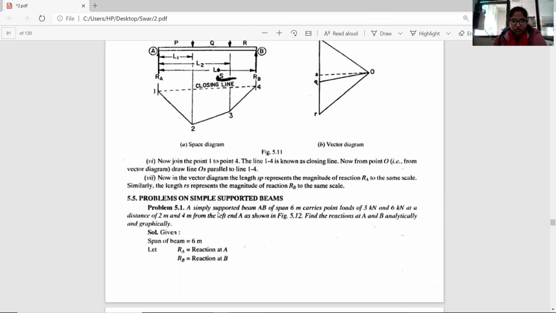So let's start the first question. Problem one: a simply supported beam AB spans 6 meters, carries point loads of 3 kilonewton and 6 kilonewton at distances 2 meters and 4 meters from the left end A, as shown in figure 5.12. Find the reactions at A and B analytically and graphically.